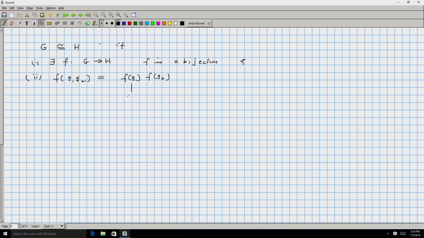So, f of g1 is an element of H, f of g2 is an element of H, and when they are combined using the operation that makes H a group, the result is equal to f of g1 g2, and this should be true for all g1, g2 belonging to G. If this is the case, then we say that f is an isomorphism between G and H, and we can say that the groups themselves are isomorphic.